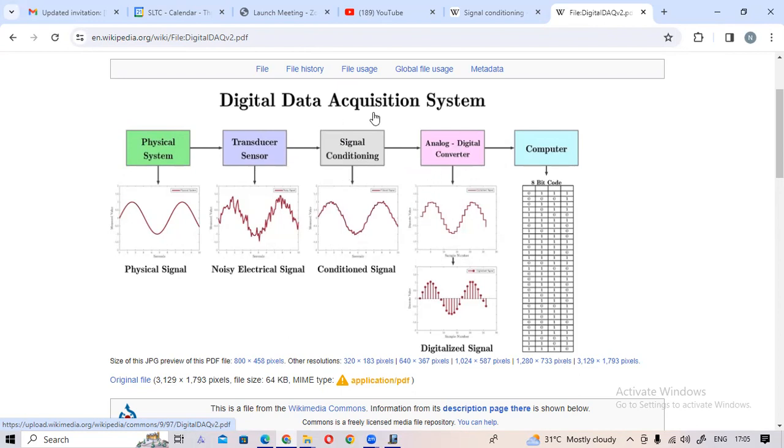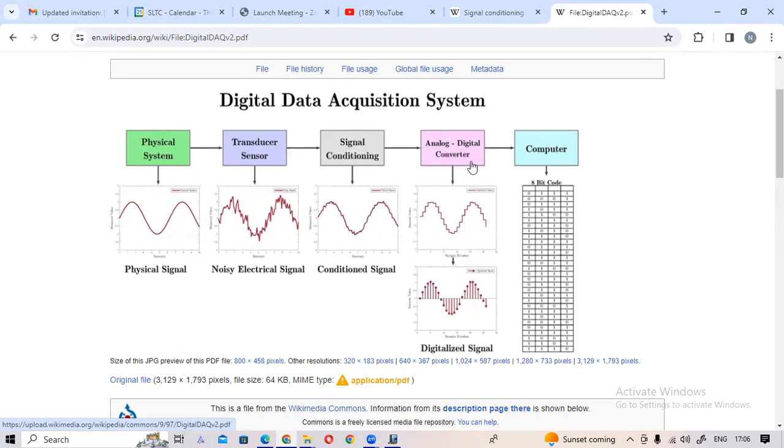So maybe before you send it to the converter, actually here if you are using signal conditioning, I think it is not correct, because here actually we are doing signal conditioning.